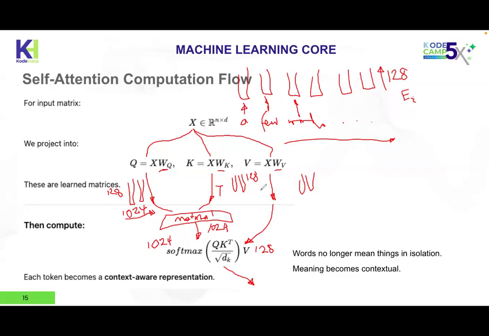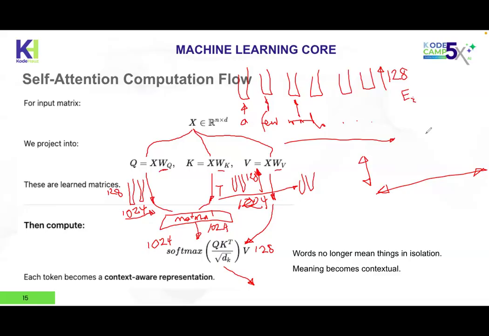Where 128 is the size of the embedding vector, while 1024 is this dimension. I'm actually talking about a two-dimensional thing, where you have one dimension this way and one dimension this way. There's also a third dimension, which is the batch, but in this case we're just assuming a single batch.